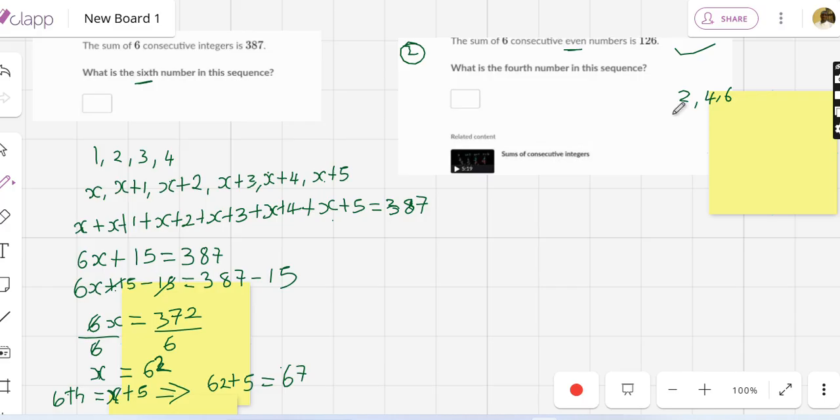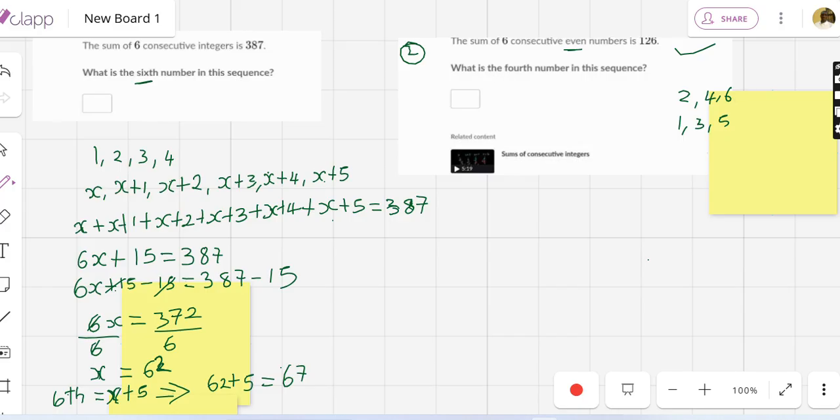Let's say for odd numbers, we have 1, then 3, then 5. 3 minus 1 is 2, 5 minus 3 is 2. So for even and odd numbers, when you see that type of question, you use this method. The first member is always x.